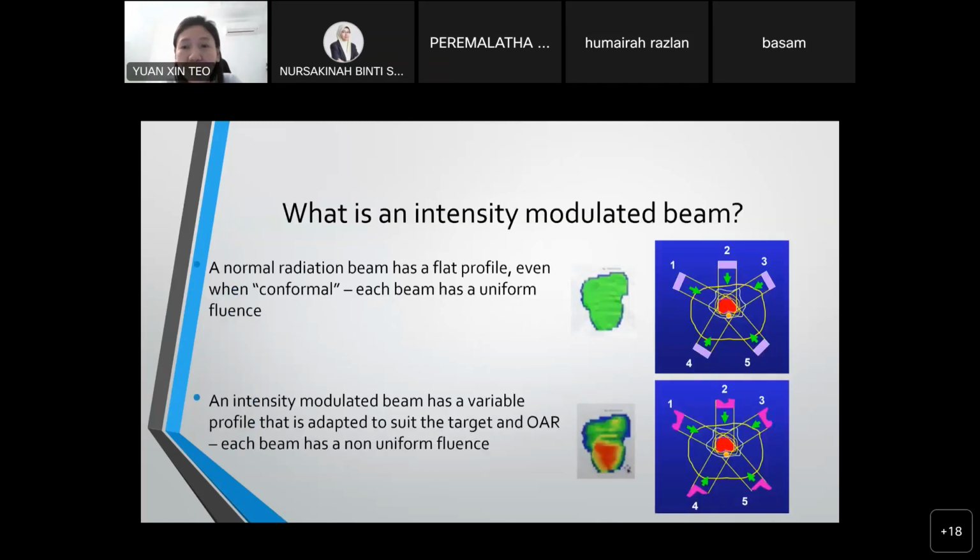Okay, so back to this one. What is an intensity modulated beam? For a 3D normal radiation beam, it has a flat profile. Even when conformal, each beam has a uniform fluence. For this example, it is a 5-beam 3D technique.